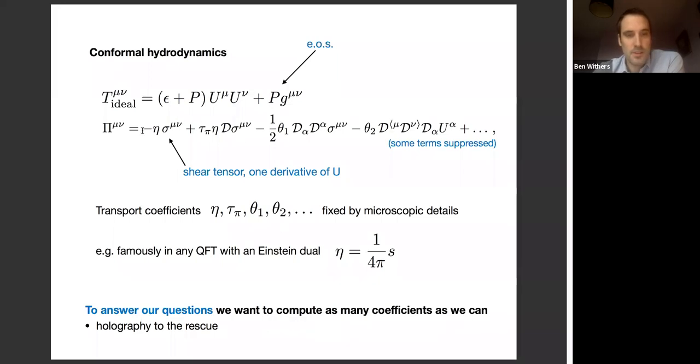So this is the first few orders. And in general, it's hard work. If you want to go to third order, for example, you can do a lot of work to compute all the different tensor structures that can appear. But this can't be the route that we want to take, because we want to compute the radius of convergence of this series. So we need to compute basically a very large number of these terms.